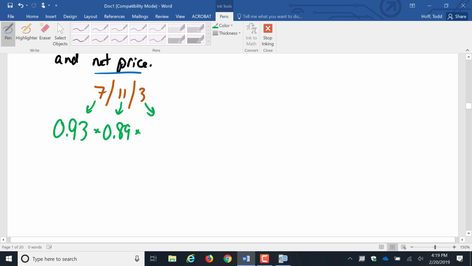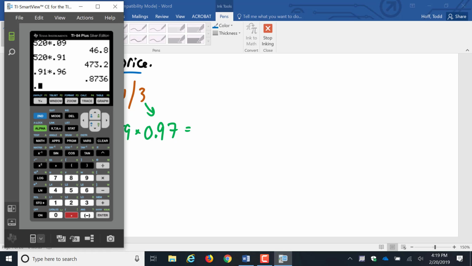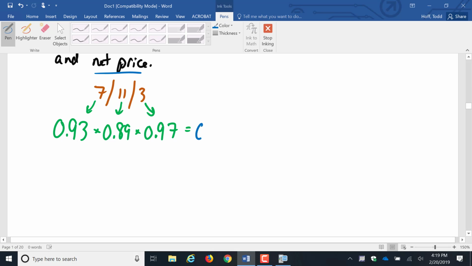Complement of 3, 100 minus 3 is 97%, so 0.97. And we're going to multiply those all together. 0.93 times 0.89 times 0.97 gives us 0.802869. That is that net decimal equivalent.